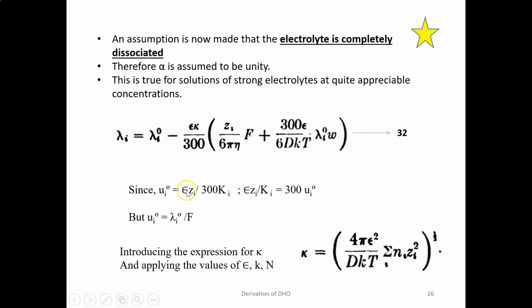Since ui0 is equal to epsilon Zi divided by 300 Ki, epsilon Zi divided by Ki is equal to 300 ui0. But ui0 is equal to alpha lambda i0 divided by f. And we are going to introduce the term kappa in this equation, and we are going to substitute the values of epsilon, k and n.